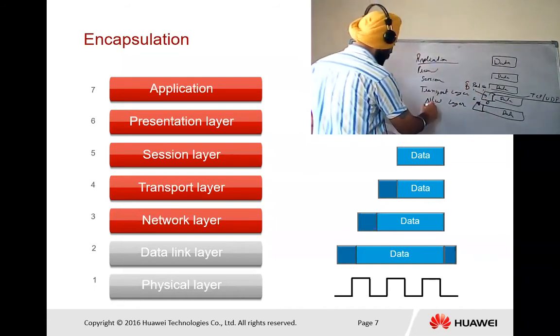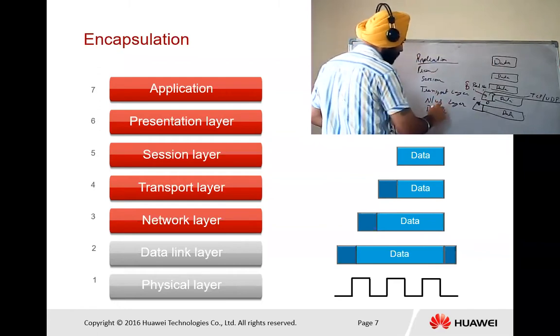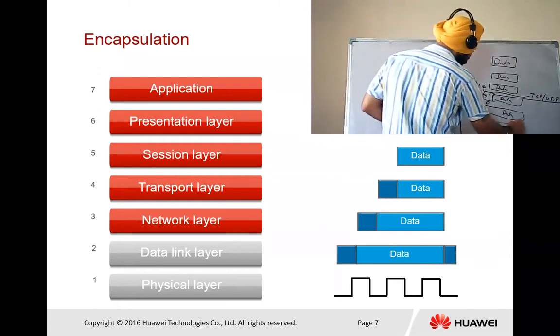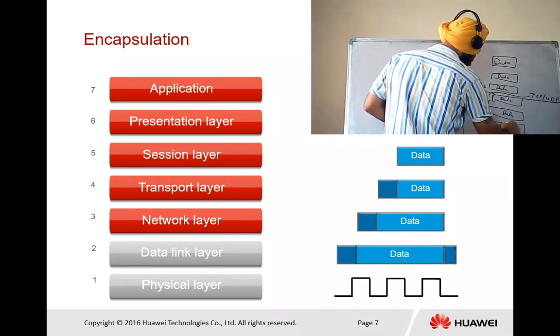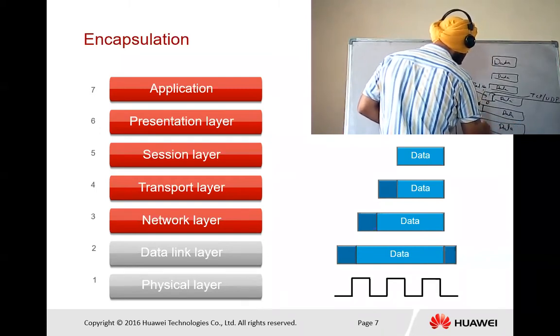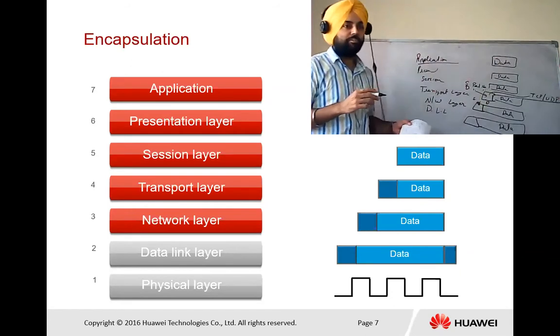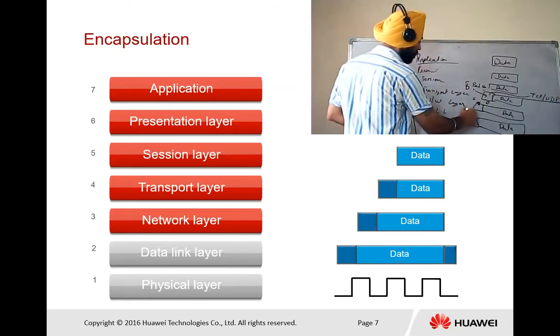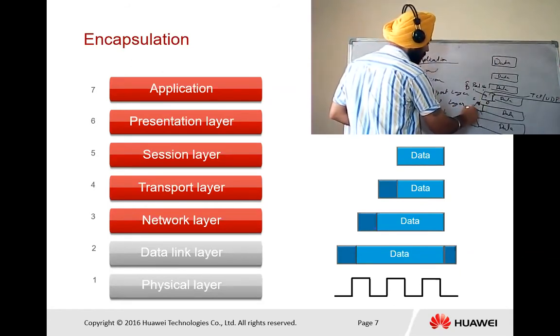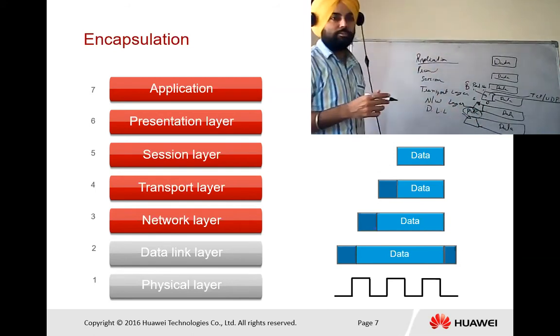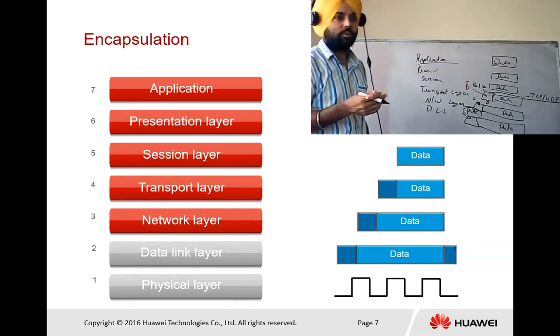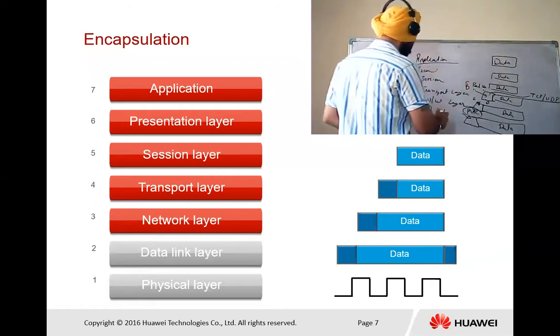After that, we have the data link layer. Again, it contains data plus another field, and that field contains the MAC address of the source as well as the MAC address of the destination.